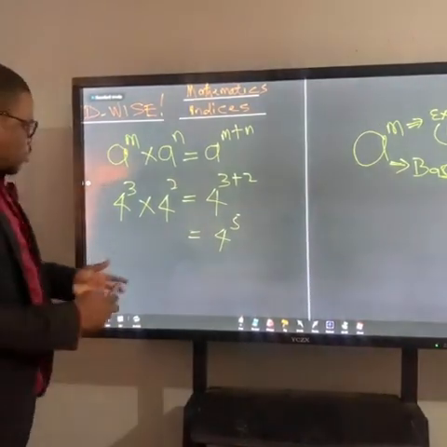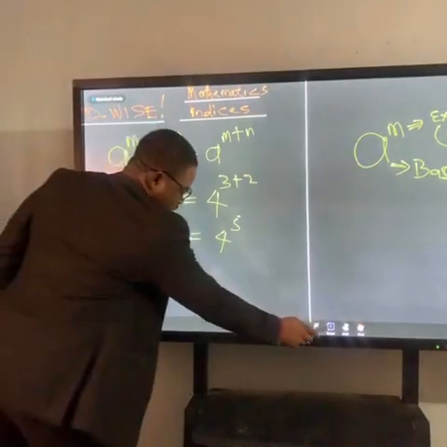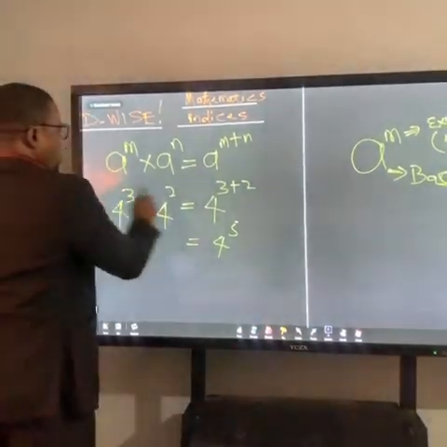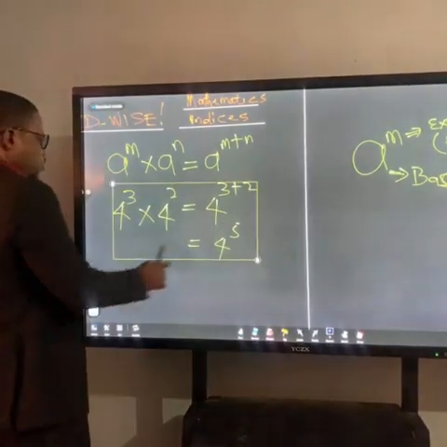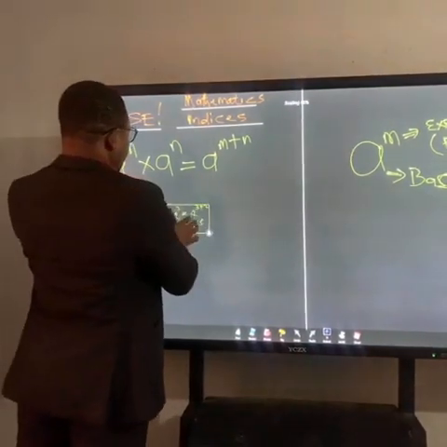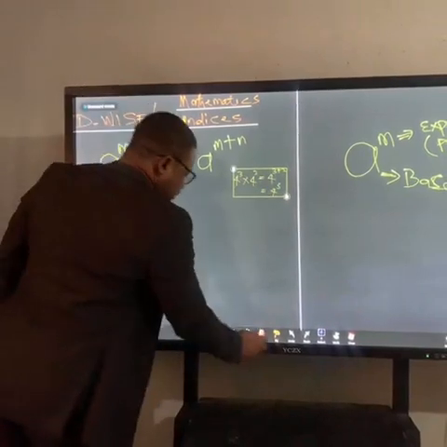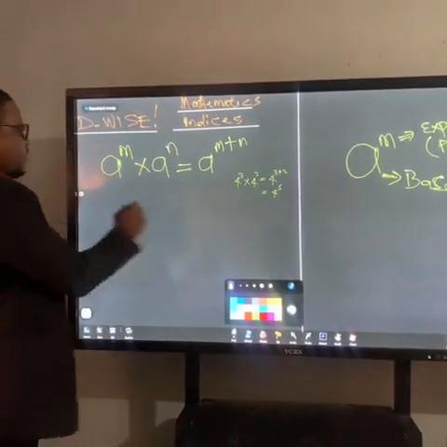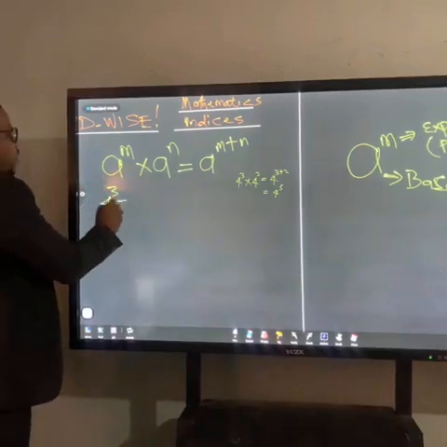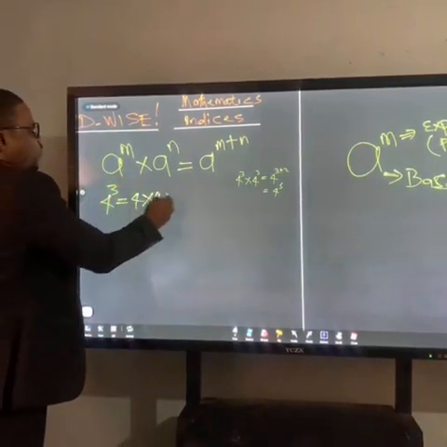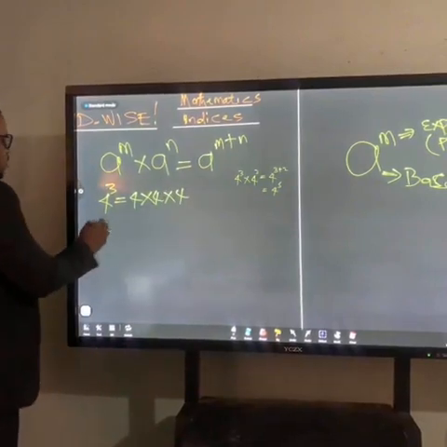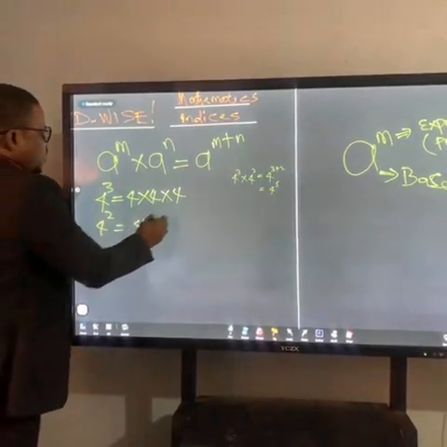And in order to make you understand this better, let me go by the regular way and see how this will play out. I have 4 to the third power. What does that mean? I have 4 times 4 times 4. I have 4 to the second power. That's 4 times 4.